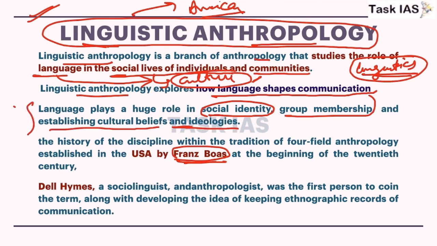You can relate this statement with paper 2 and your general knowledge, where language provides a certain identity. For example, Dravidian languages or the Punjabi language have even provided roots for the growth of regionalism. You can connect these points according to the demand of the question. Dell Hymes was a famous sociolinguist. He was the first person who used the term linguistic anthropology.